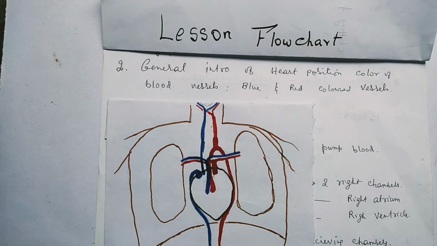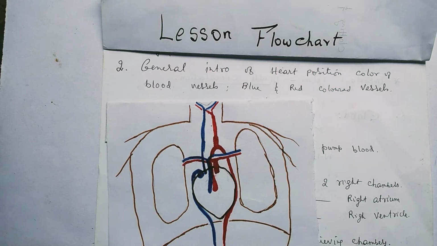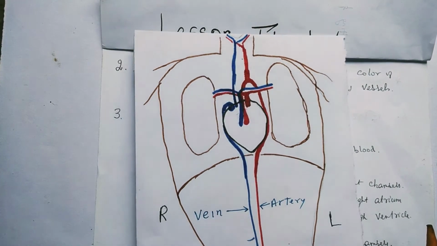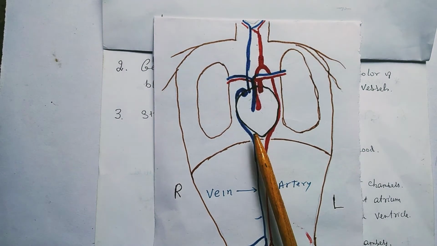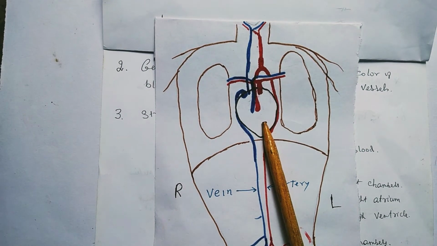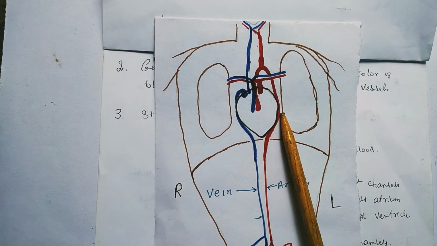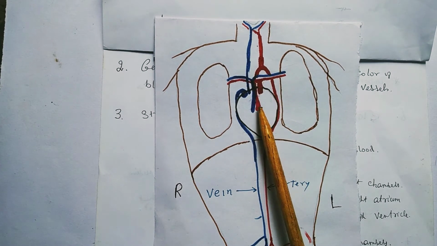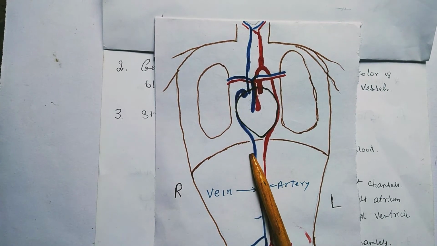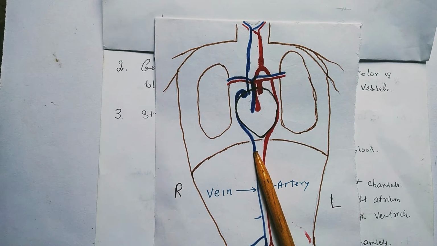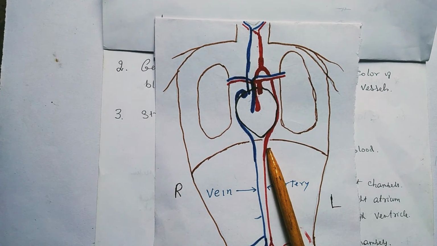general intro of the heart position, color of the blood vessels, blue and red. Now you see, this is the heart, and these pipes are the blood vessels. In the heart they are so big, and outside the heart they are quite smaller, and I colored them blue and red.